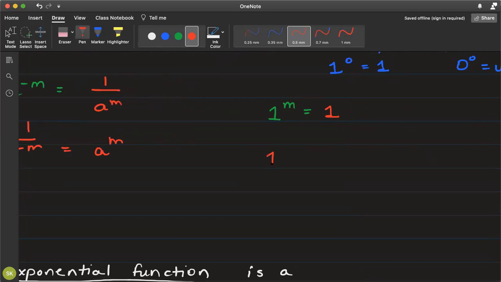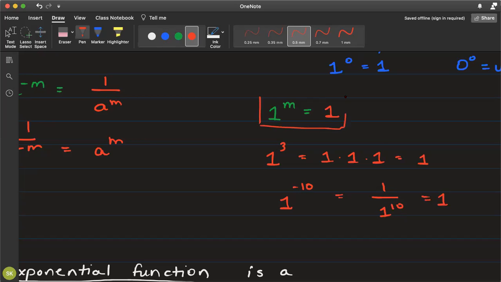And you can think of it like this. If I take 1 and cube it, well, this is 1 times 1 times 1, which is just going to be 1. And if you put it to some negative number like -10, well, this is 1 over 1 to the 10th, and then you have 1 multiplied 10 times, so you'll still get 1 over 1, which is 1. So any number, including 0 here, you'll get 1.